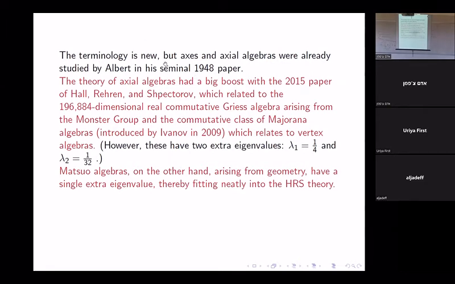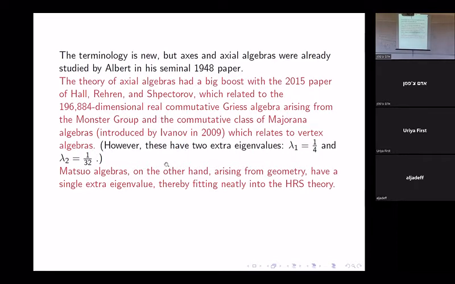So here's some more history. Albert brought this in with his 1948 paper, which was amazingly modern, although the terminology, of course, was not. And Paul Rehren and Spectorov resurrected this, which had sort of become dormant, because it had ties to the Griess algebra and the Monster group and Majorana algebras.